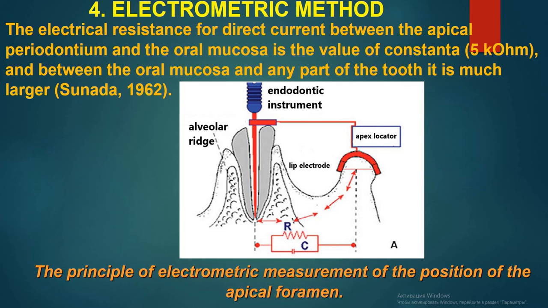By Sunada, 1962. In this picture we see the principle of the electrometric measurement of the position of the apical foramen. We see the endodontic instrument, alveolar ridge, apex locator, and lip electrode.